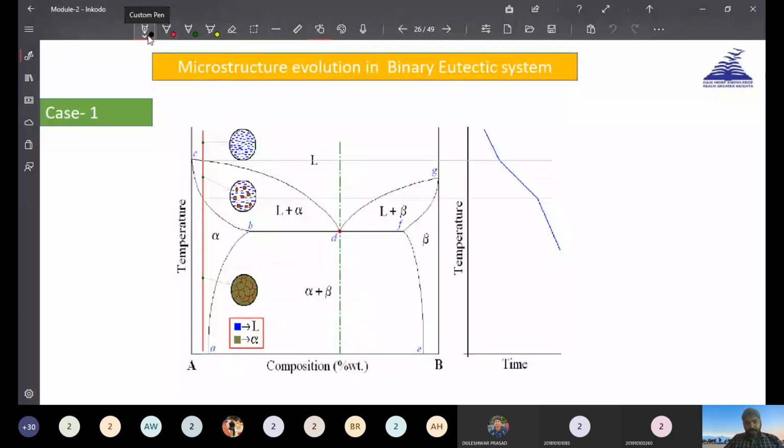There are 4 cases we are going to take. We will see how this microstructure development takes place in the binary eutectic system. This microstructural evolution is very easy. You can very easily find out what microstructure will be present at which point.